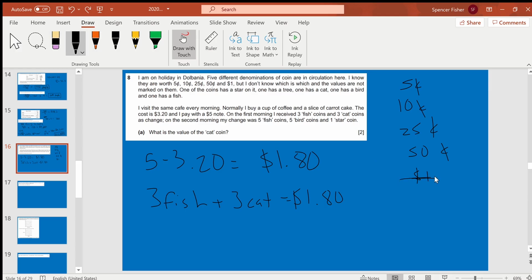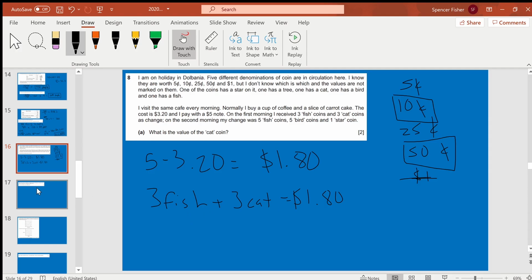We know we can eliminate $1. If it was 5 cents, for example, if fish was 5 cents, that would be 15 cents, and we would need a certain amount times 3 that would give us 180, and that's not going to work. So you can run through that on your own. If you'd like me to write it out for you, or if you'd like to check it with me, you're more than welcome to. But in the end, the 10 cents and the 50 cents are the only possibilities. So one's going to be 10 cents and one's going to be 50 cents.